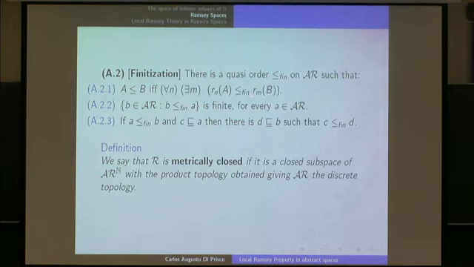The second property is that given an approximation, the collection of smaller approximations is finite.